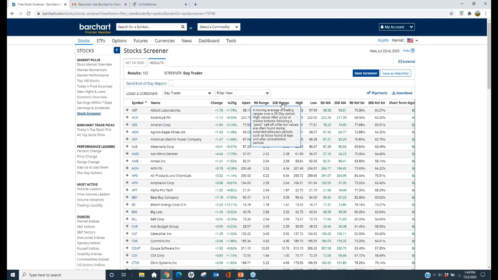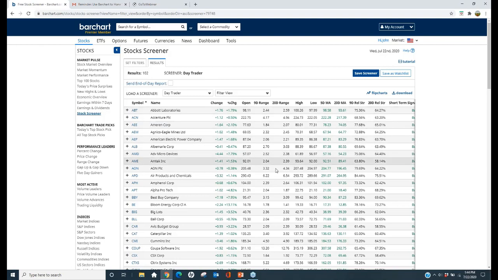And here's my 20-day ATR. So here's where we're going to do that comparative analysis. Abbott Labs, the 9-day is 2.44. The 20-day is 2.59. They're comparatively the same. So that's telling me my market is consistently moving $2.40 to $2.60 every day.